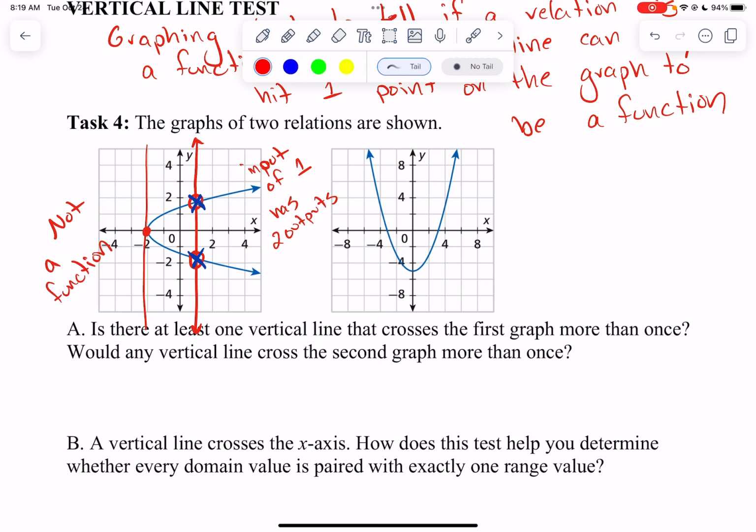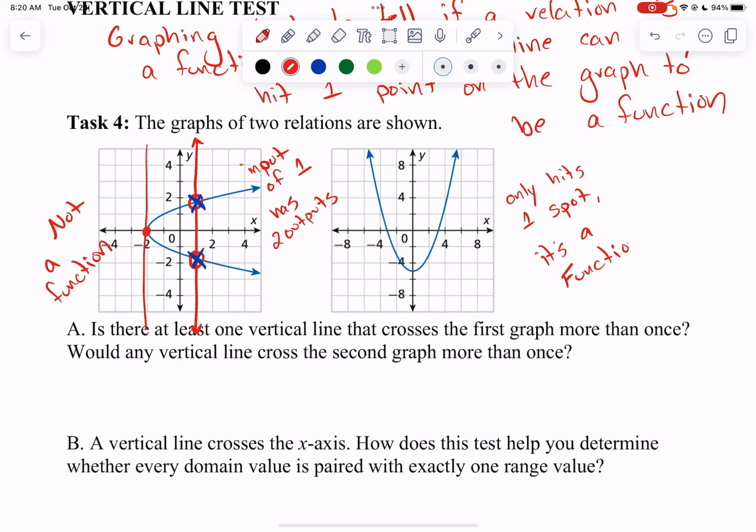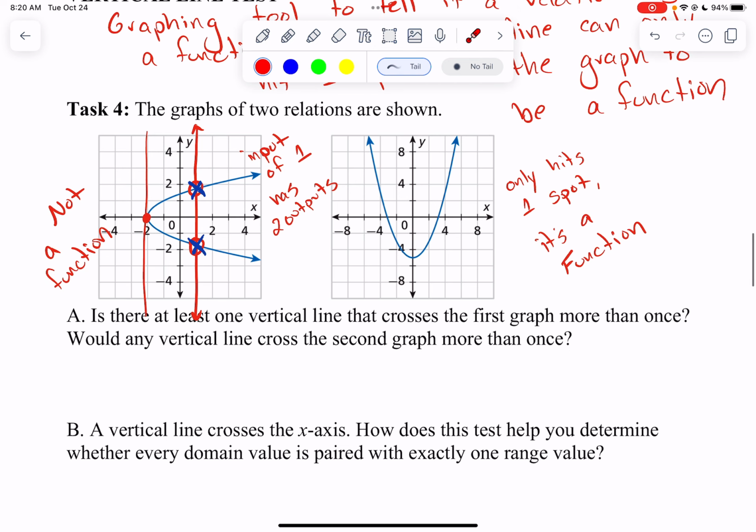Whereas on this next one, if I do a vertical line, it only ever hits one spot. So the second one only hits one spot. This one is a function. And this may look like it's going to keep going straight, but it doesn't go straight up. It always has enough of a curve so that my vertical line only ever hits one spot.